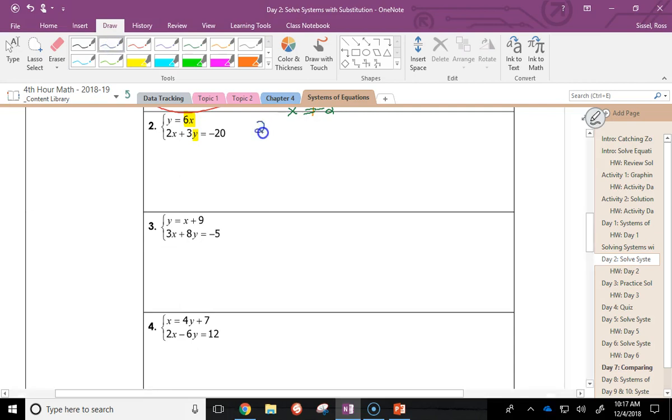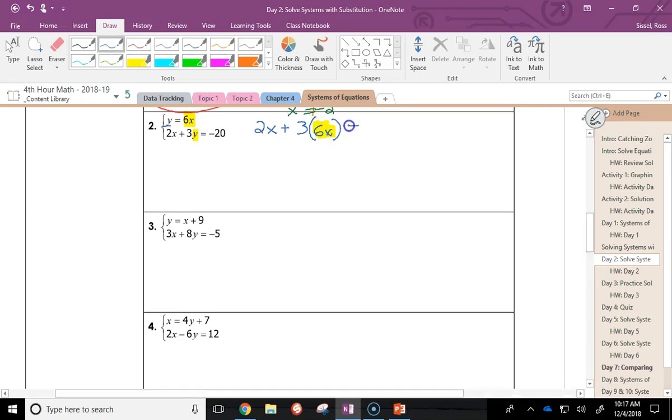So I'm going to say 2x plus 3, and typically we would say 3 times y, but we are substituting 6x in. All because the first equation told me that y was 6x. Okay.